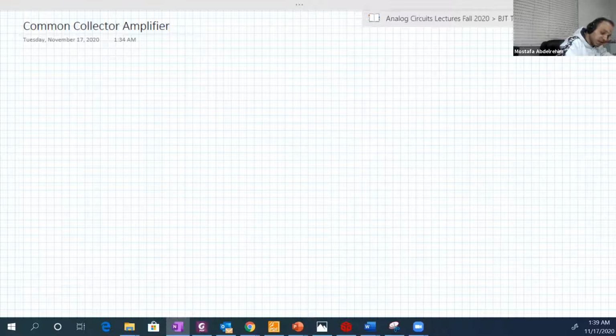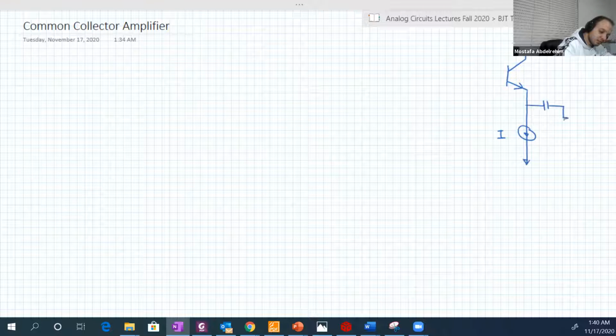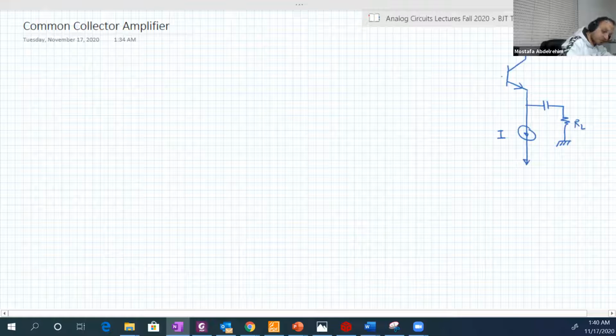This is a simple example for a common collector.